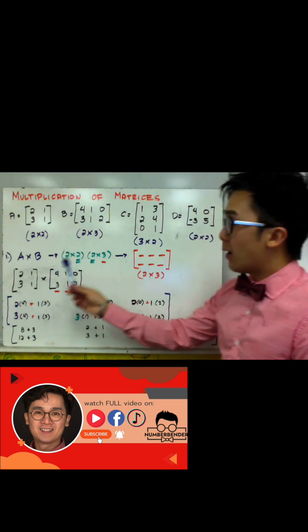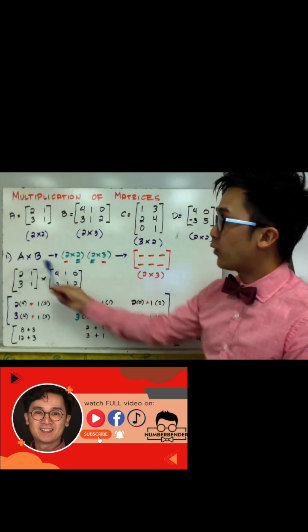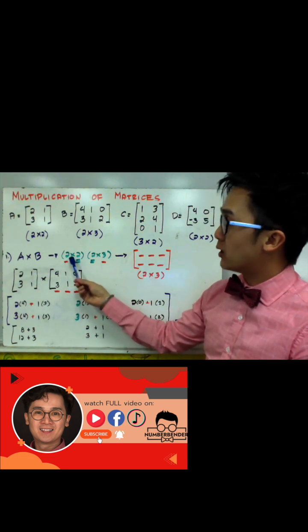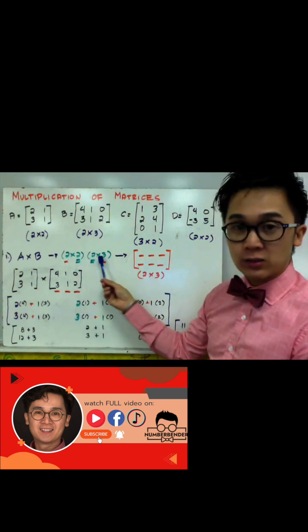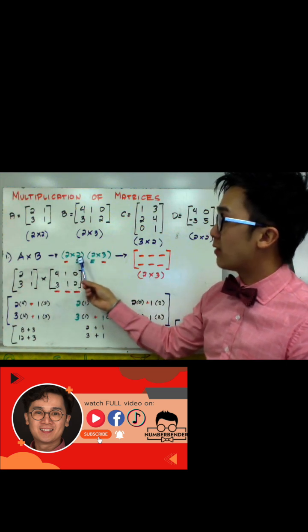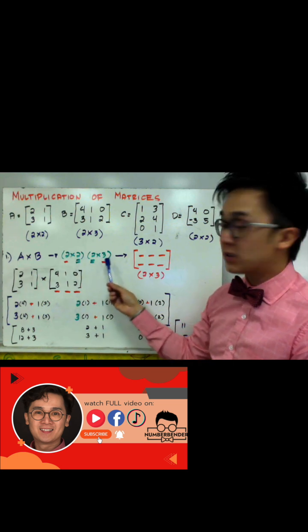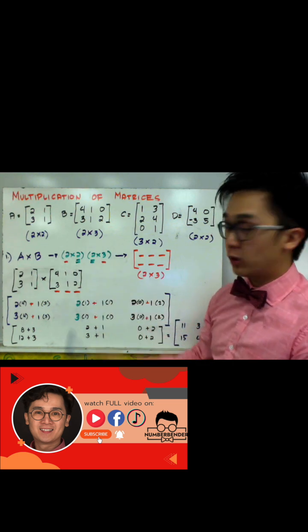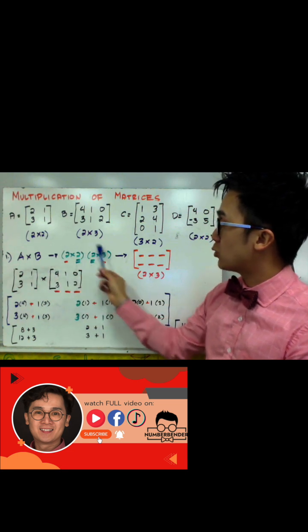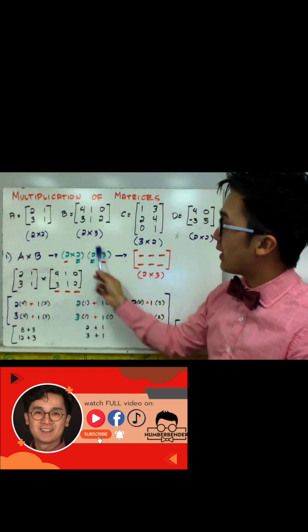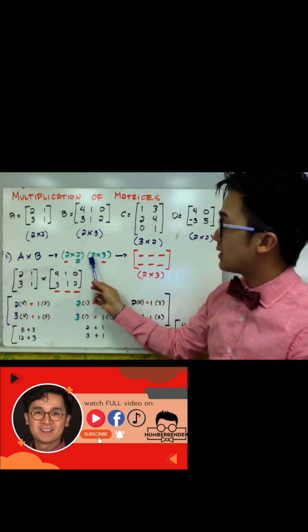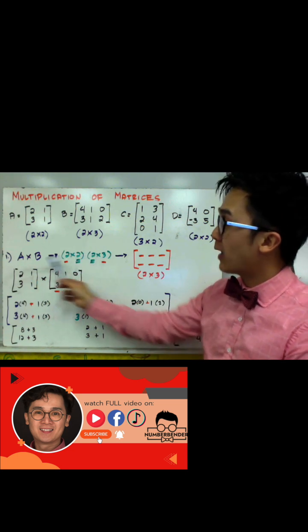First, to verify if we can multiply A and B, just write out the order of matrix A and matrix B. It is very important that you don't interchange the order of each matrix because it's not going to work. Since matrix A is a 2 by 2 and matrix B is a 2 by 3, looking at the inner values of our two parentheses, since they are the same, we can multiply A and B.